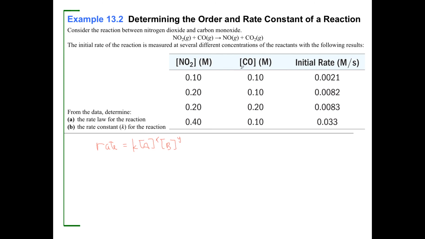Now, when I've got 2 reactants, I'm going to take one that I know is the same, so that one's not changing. Tro shows you exactly how to do this on page 527, I think.